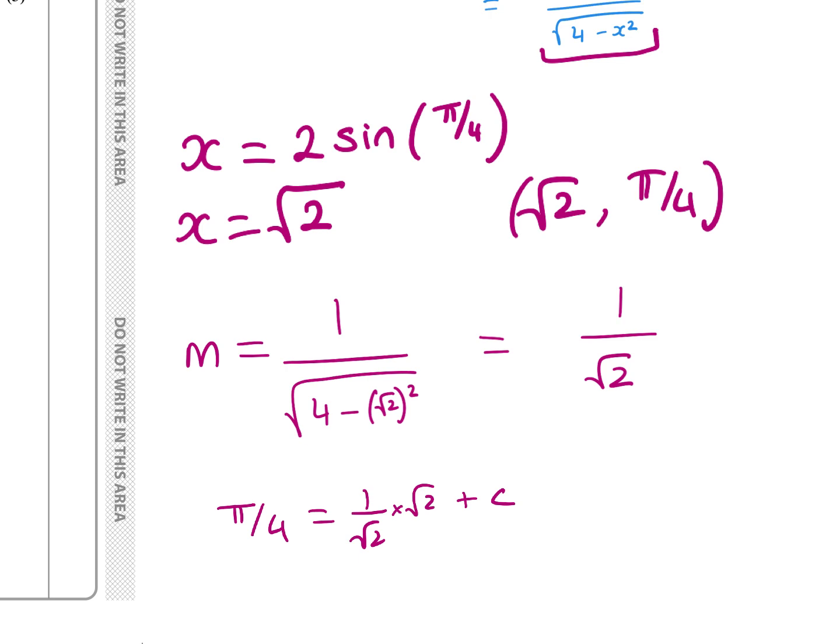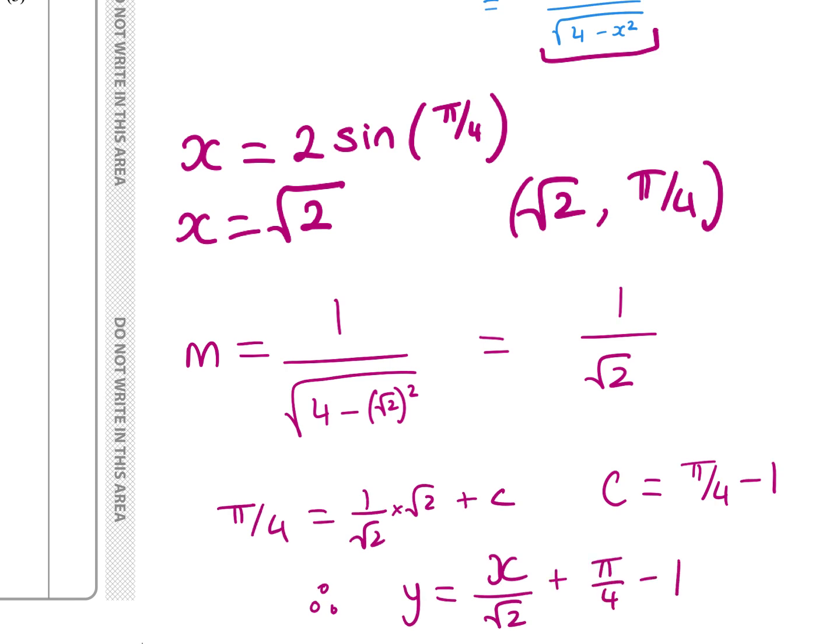So c equals minus 1. What's root 2 over root 2? It's 1? Yeah. Oh, my bad. Okay, so pi over 4 minus 1. So therefore, y equals mx plus c.